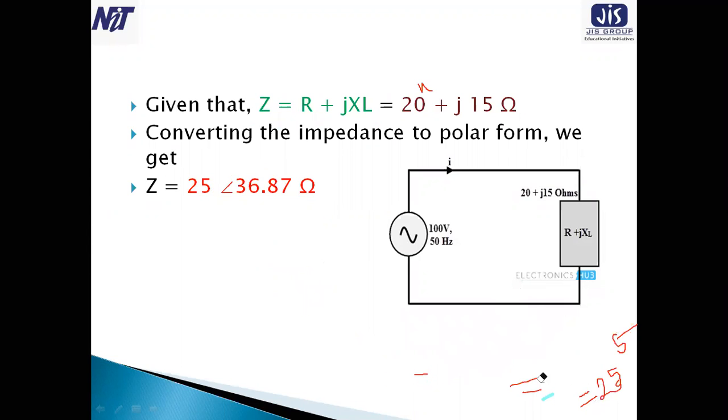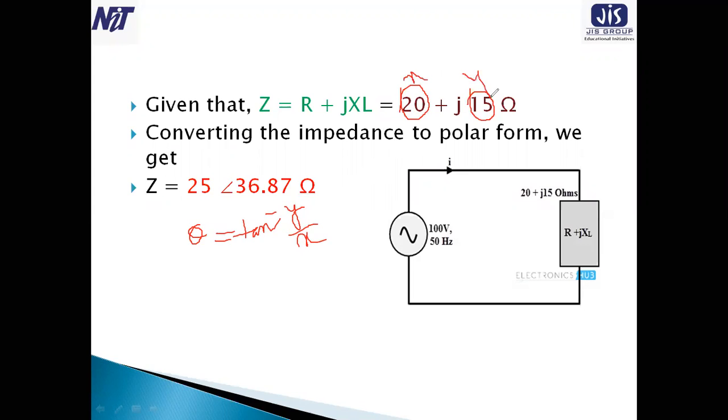Now how to find this theta from this problem? Finding theta is also very easy because you know that theta equals tan inverse y by x. This is x, this is y. Very easy. Just put the value and use the calculator.